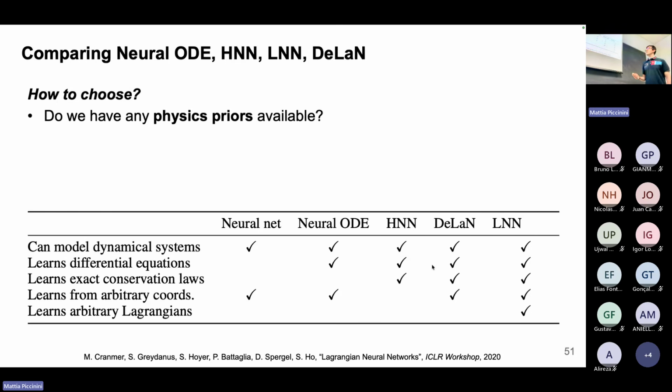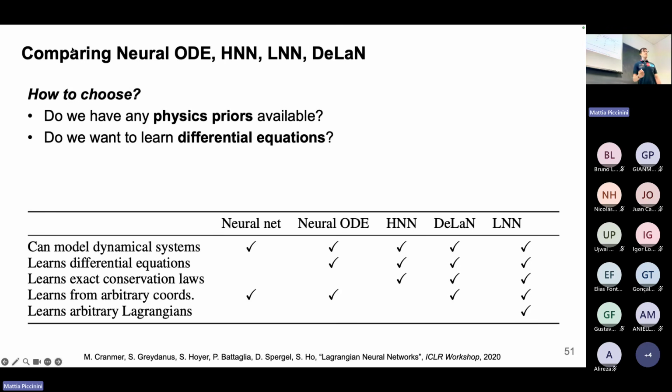If we don't have physics priors, probably the only thing we can do is a neural network, right? A very general purpose neural network. If we have physics priors, then we can use neural ODEs, we can use Hamiltonian, deep Lagrangian, whatever. Okay, there it opens more possibilities.